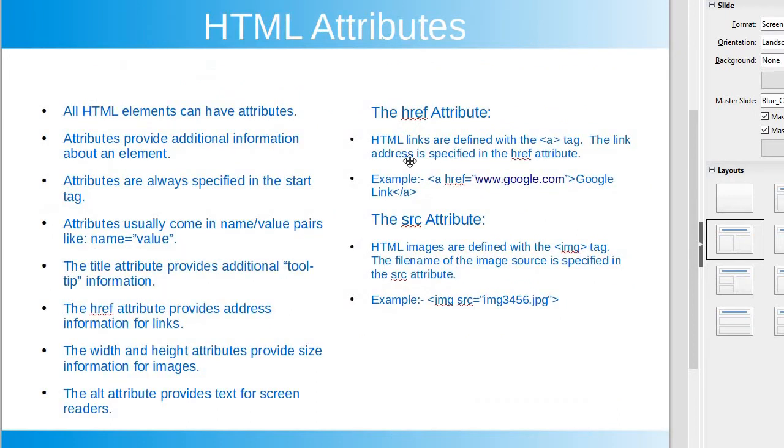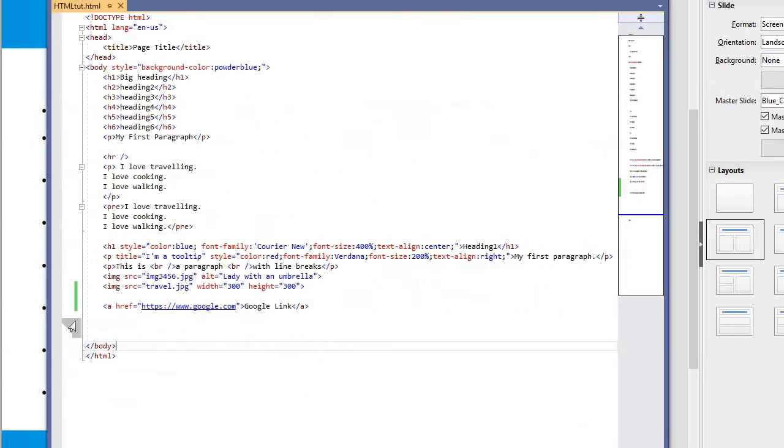HTML links are defined with the a tag. The link address is specified in the href attribute. So here in the example I'm showing href equal to https www.google.com, or whatever website link you want to provide, and then this is the text which will be shown on the web page.